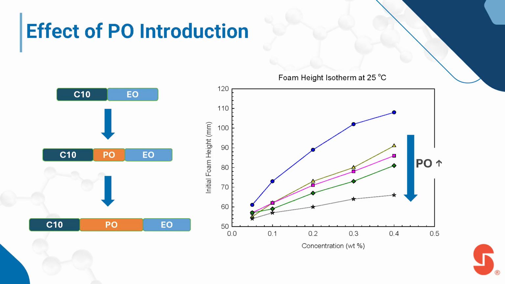If you have enough PO, I can increase my surfactant concentration, but I don't have to worry about too much foam because the foam is not going to increase too much. So that PO extension allows us to control the foam, and you'll have much less sensitivity of your foamability to concentration fluctuation.